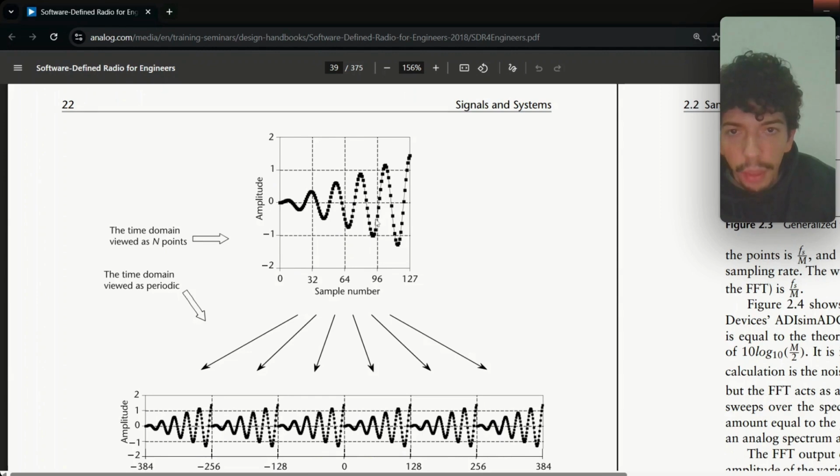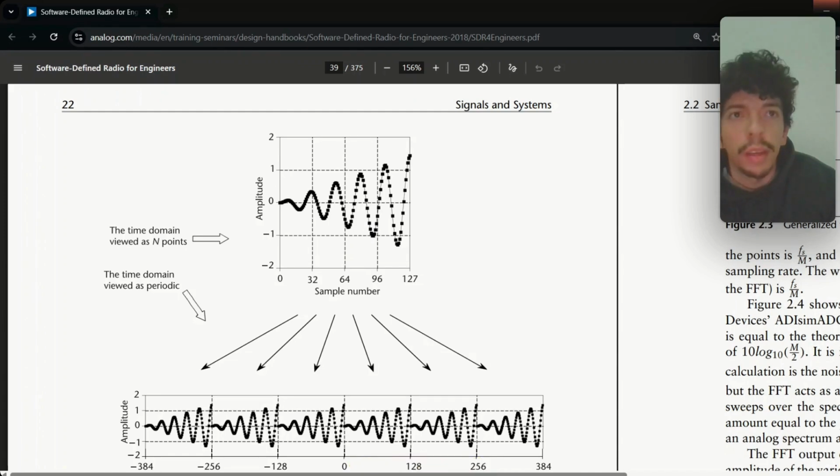Okay, but if I have fewer points per sample in the signal, we get aliasing, which produces bad notches for our engineers.